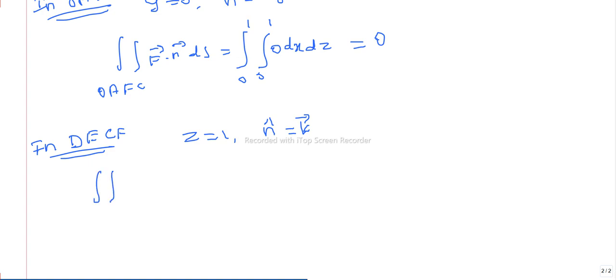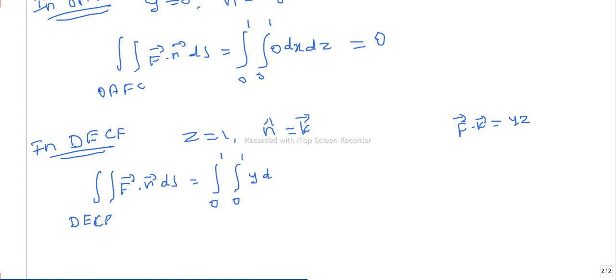Now the integral over D E C F of F dot n into dS: x varies from 0 to 1, y varies from 0 to 1. If you dot with the k vector, F dot k should be only the last term, yz. But here z is 1, therefore just y dx dy.